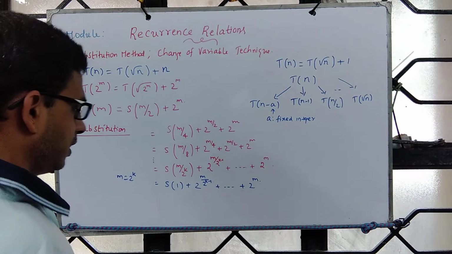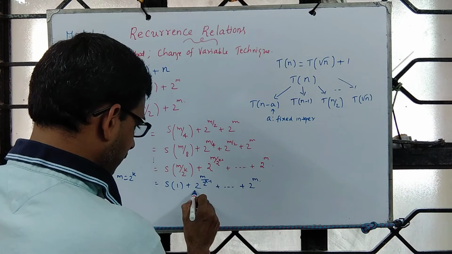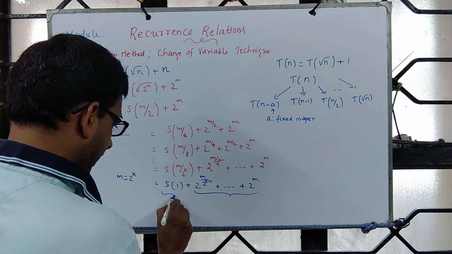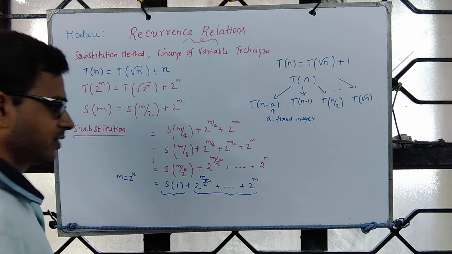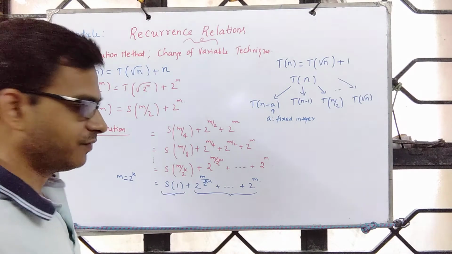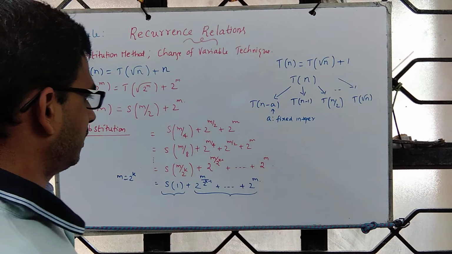Correct? So now what is the solution to this, and how do we estimate the value of s of 1? So once we fix these two, we are done with our problem. Correct?